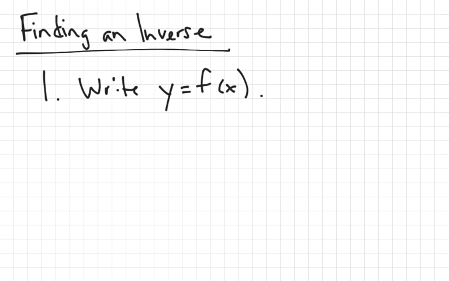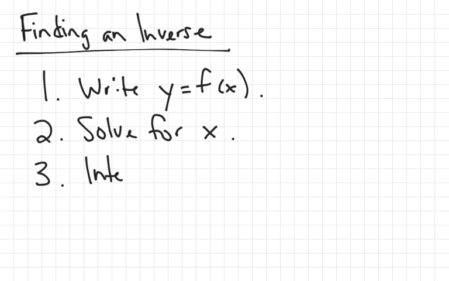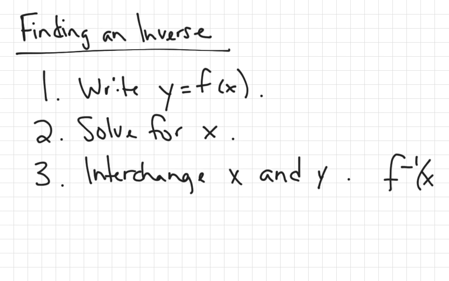Remember, f of x is the same thing as y. The second thing you would do is solve for x. And then, after you were done solving for x, you would interchange x and y. This would result in the equation of the inverse.